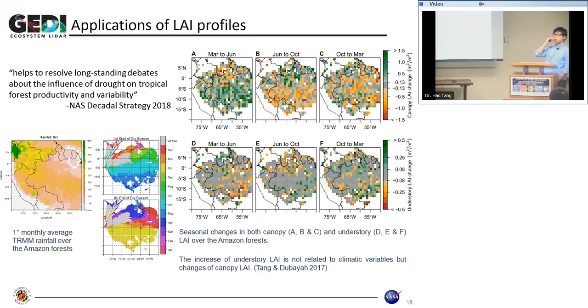Most of this vegetation spends almost their entire life in shade, and a little bit of increase will prompt their growth. So that's why they start growing during the peak of the dry season. I believe putting all this together can really help resolve our uncertainties about the productivity and the variability in the Amazon forest.